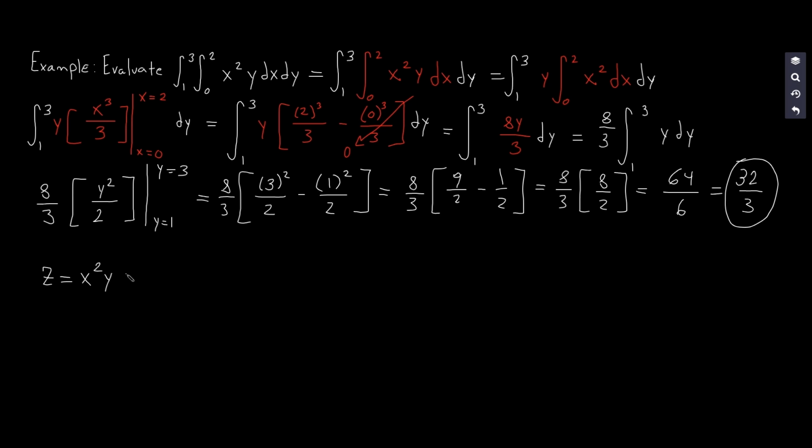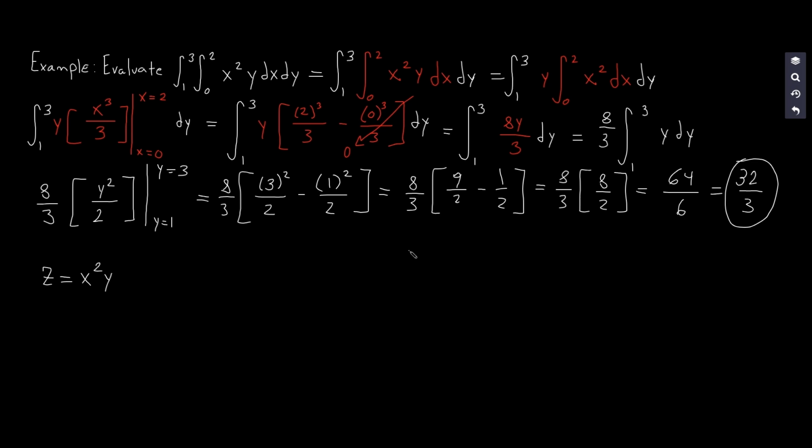And so what that means is that the surface z equals x squared times y describes the ceiling, and the region is the xy plane. dx came first, so x went from 0 to 2, and then y came second, so y went from 1 to 3. So R in this case describes the surface over the top of it, and we just found the volume.